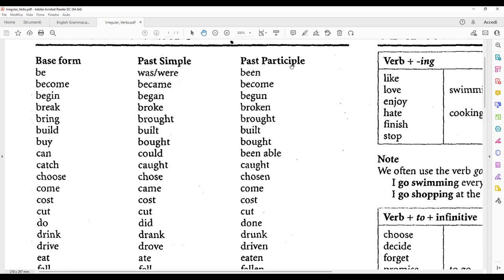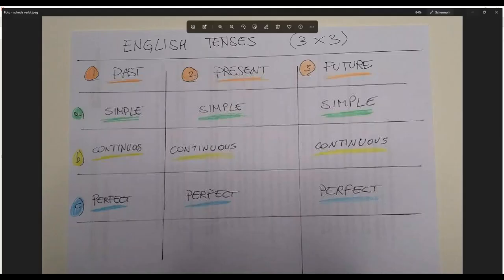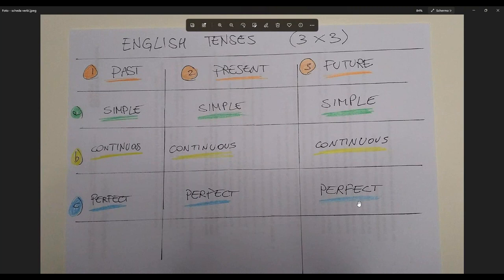Been, past participle. Dovreste già chiedervi a cosa servirà mai il participio passato, servirà per fare la forma perfetta. Cioè io ho studiato, quindi present perfect, I have studied English, ho studiato inglese, I had studied English, I will have studied English.